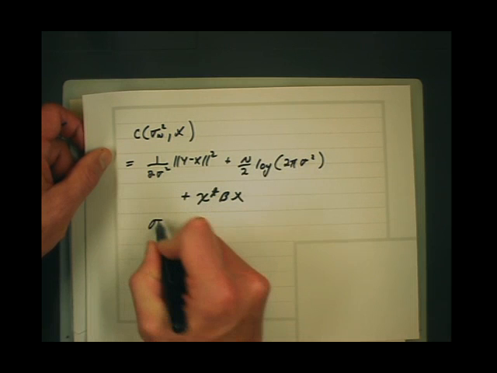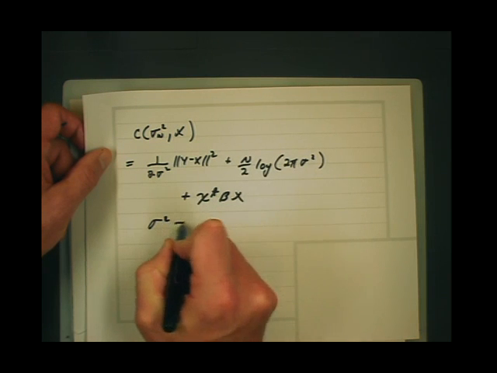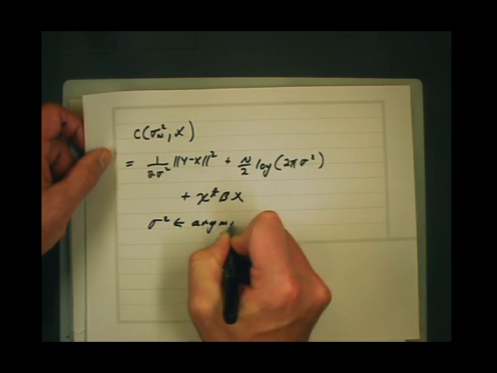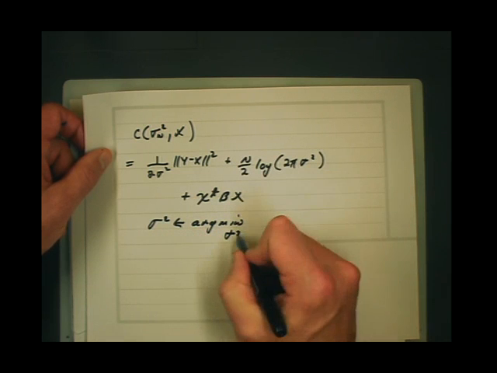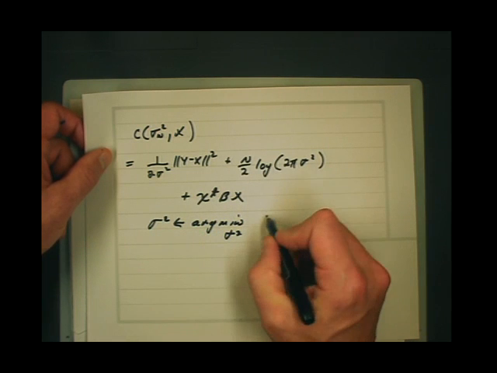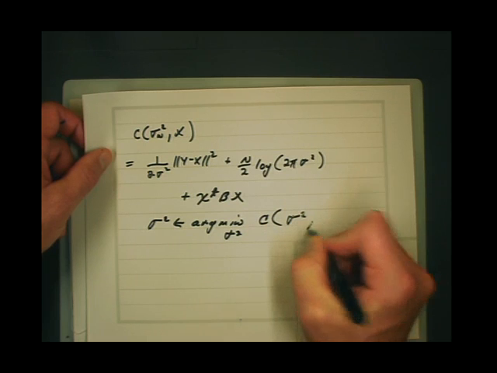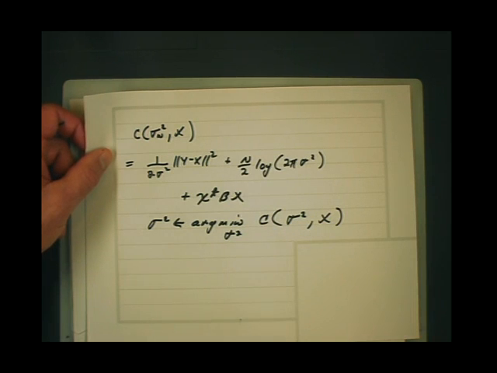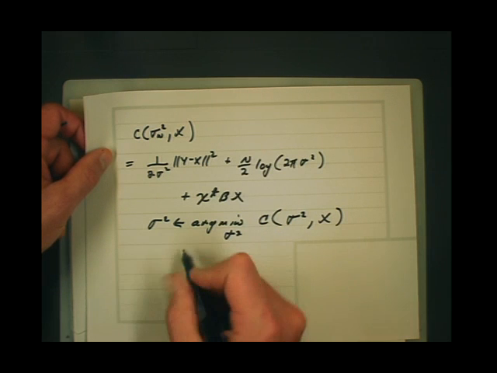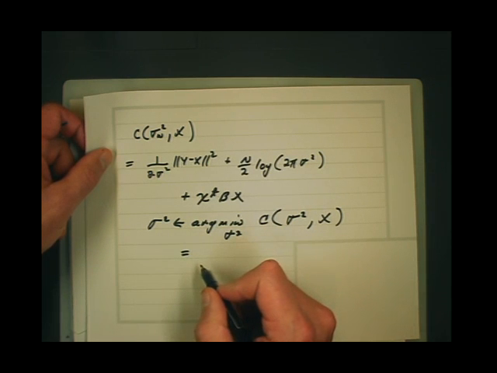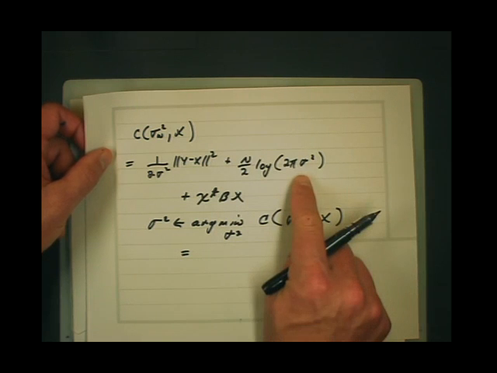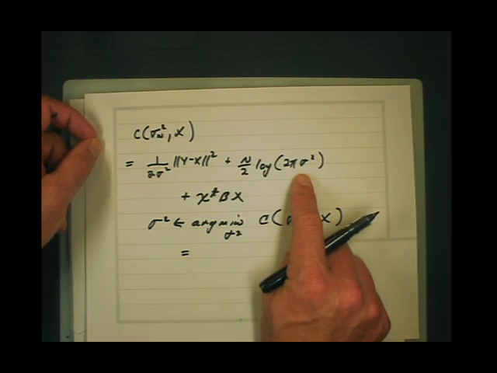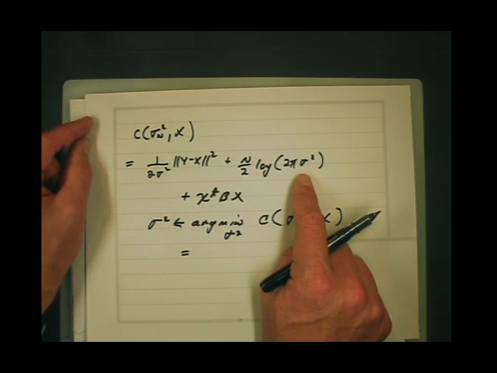So if I minimize this, I can take the arg min over sigma squared of the cost of sigma squared and x, and it's going to be equal to what? Well, you can minimize this expression with respect to sigma squared. Has everybody done that? That was like an exercise in the first section, and it's something everyone should do in their lives.